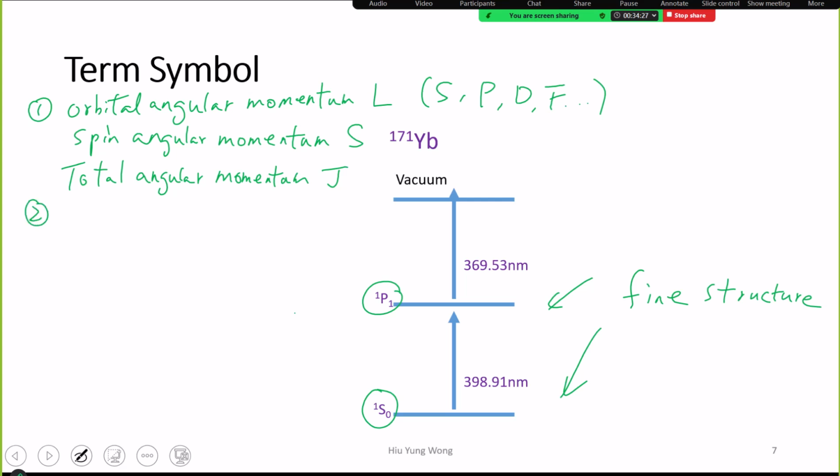Now, for this system, we also need to make an assumption. It's not that simple in quantum mechanics. We assume it is LS coupling, which means J, S, L are good quantum numbers. Now, what does it mean? If you think about transmon qubit, maybe it's easier to think about that.